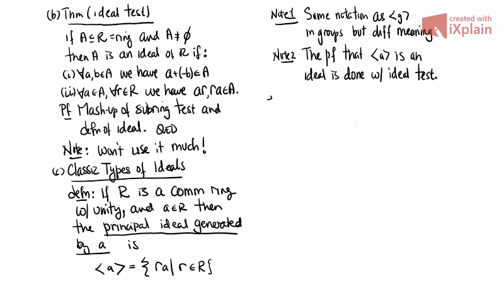So let's look at an example before we expand this definition. Let's say we look at the ring R[x]. So this is all the polynomials with real coefficients.